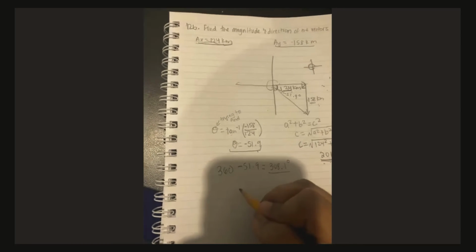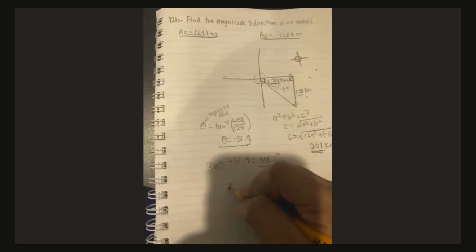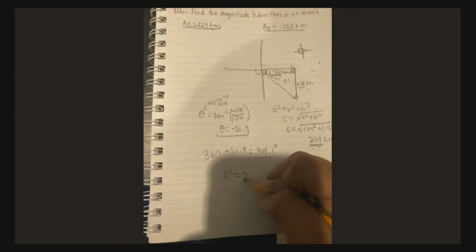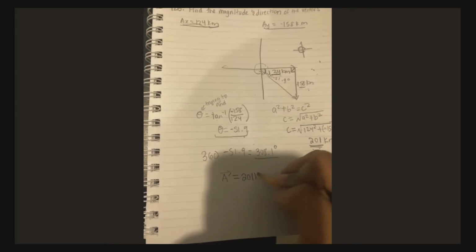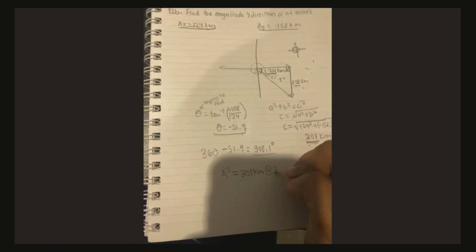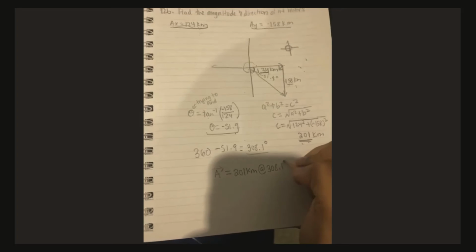A is what we're trying to find, because we had AX and AY. So tangent A equals our magnitude, 201 kilometers, at 308.1 degrees. Okay, yeah.